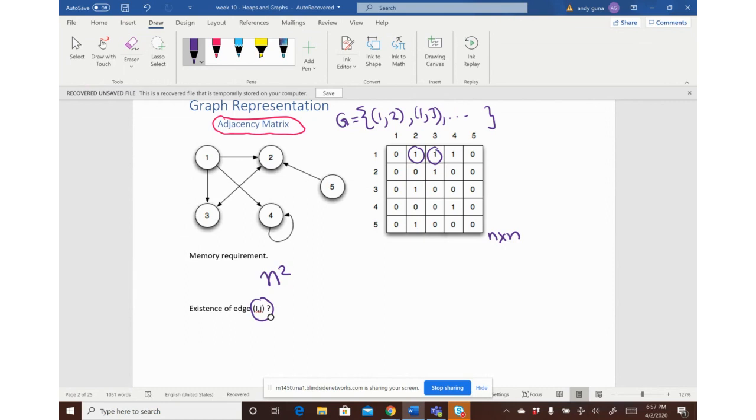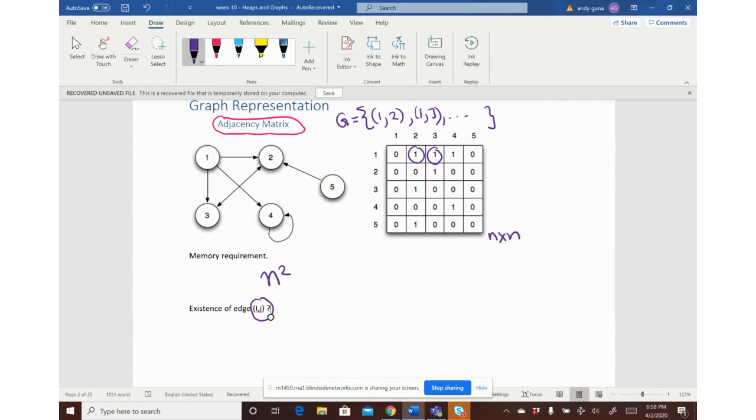Okay, so given ij, how do we know if an edge ij exists? Correct. So you're asking the question, does ij equal 1? What is the big O of checking that? Big O of 1, that's correct.